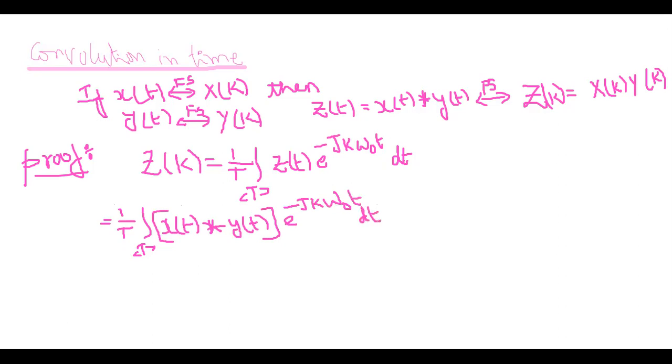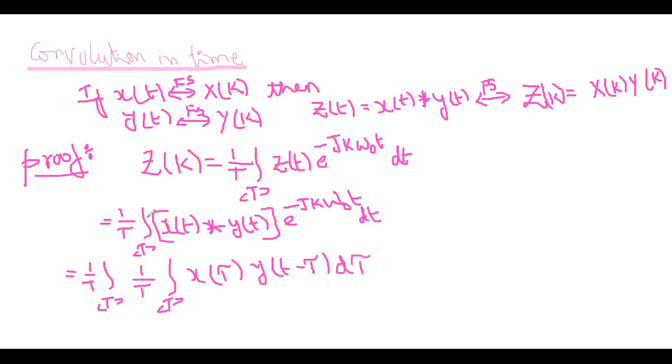I can represent the convolution of x of t and y of t as the convolution integral, the integral of x of tau, y of t minus tau, d tau, into e power minus jk omega naught t dt.